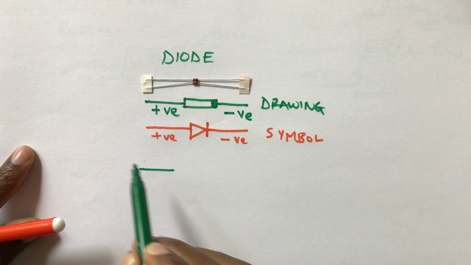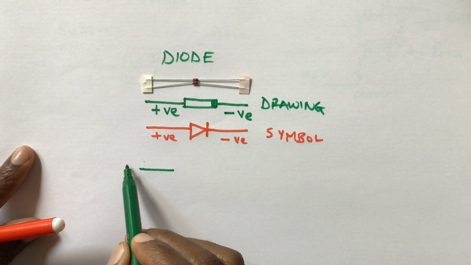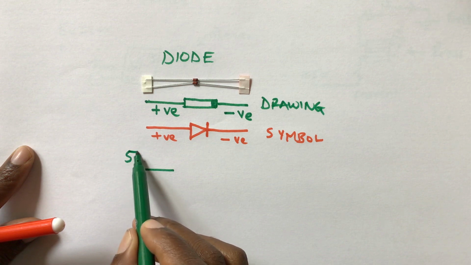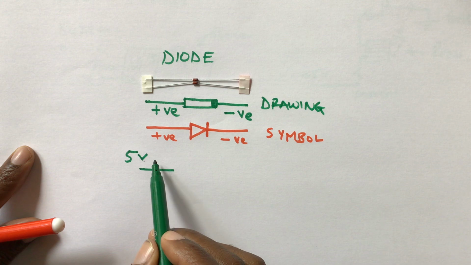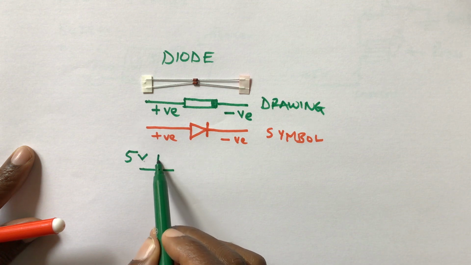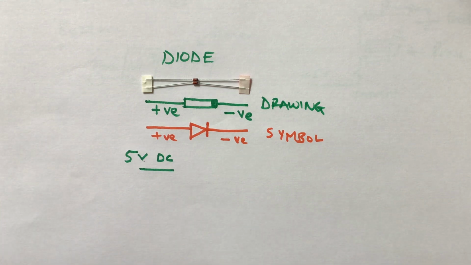So we have our power source here, and our power source is 5 volts, and I am adding a new term, DC. I know you've seen DC somewhere on your appliances or your chargers. What does DC mean? DC means direct current.